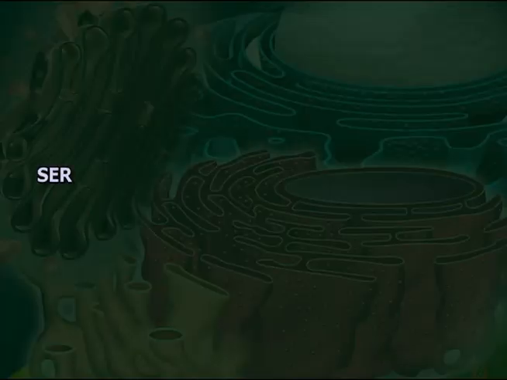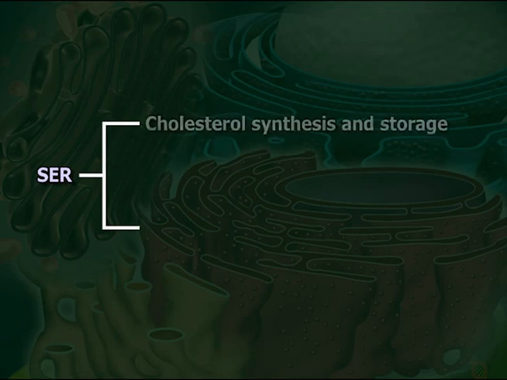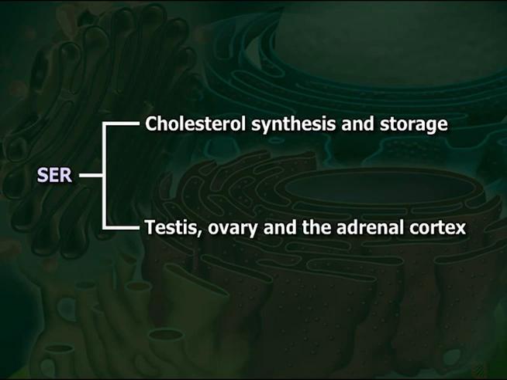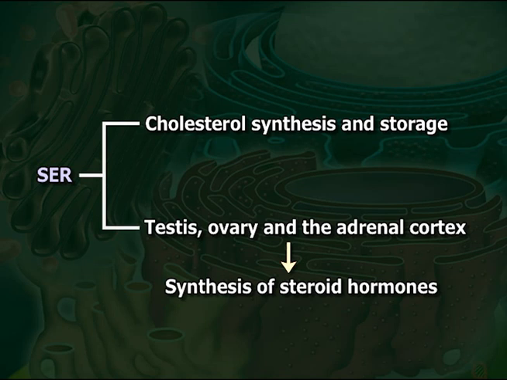SER is rich in cells engaged in lipid metabolism and in those producing steroid hormones. SER is the site of cholesterol synthesis and storage. In the testes, ovary and the adrenal cortex, the SER is involved in the synthesis of steroid hormones.